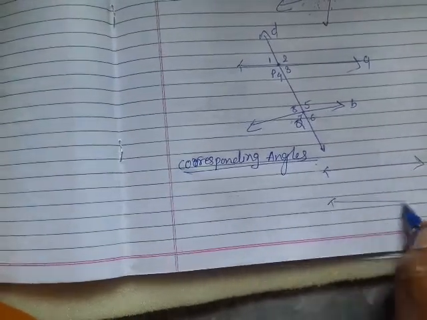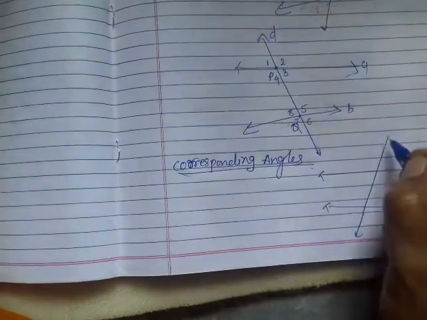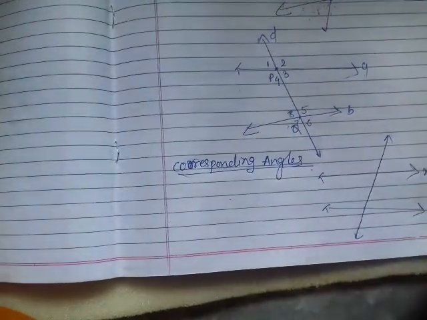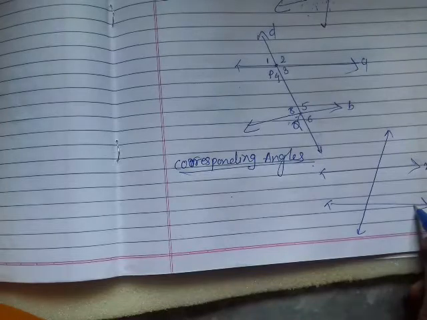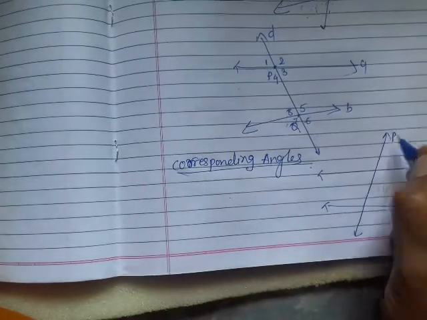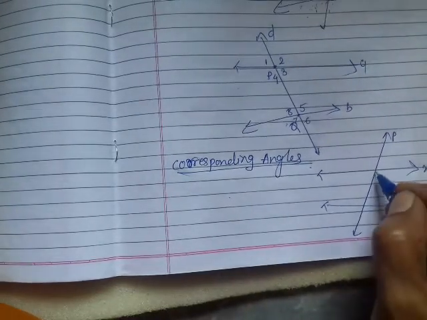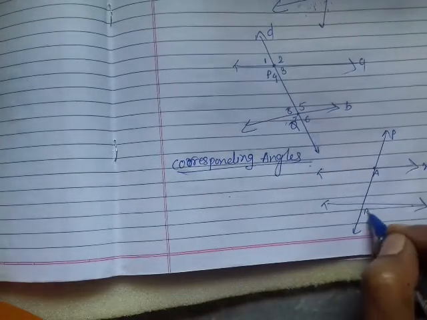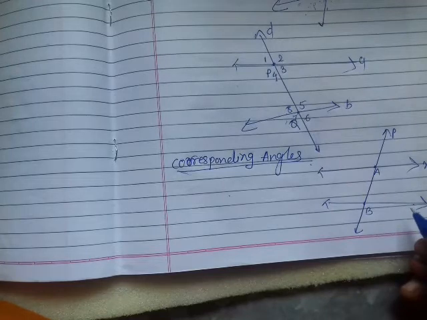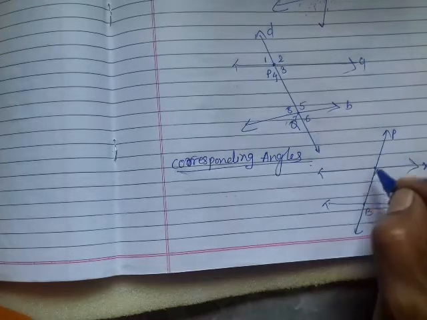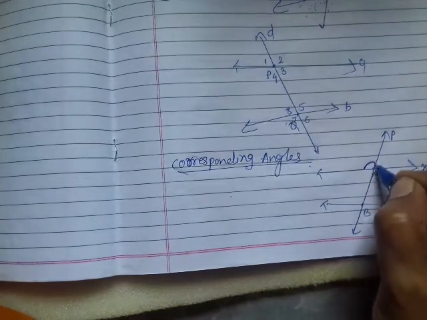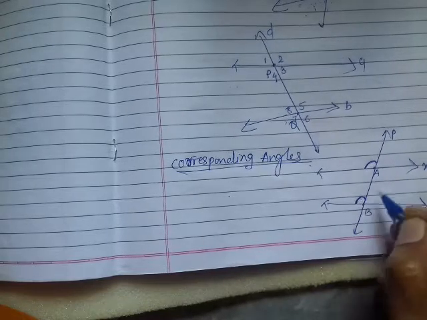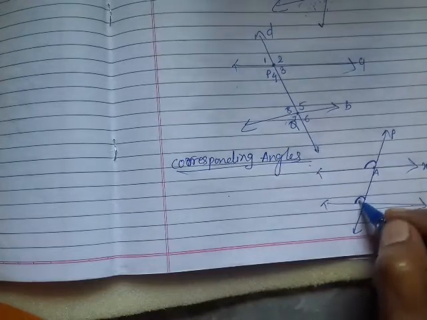Once again I am drawing two lines, suppose x and y, and P is my transversal. It is intersecting at, suppose, a point here A and here B. Now what is meant by corresponding angles? Above this I am just marking, this is called a corresponding angle.